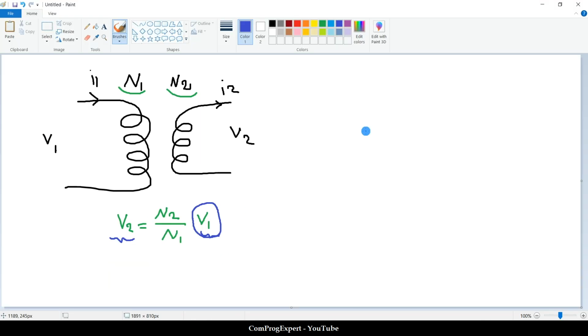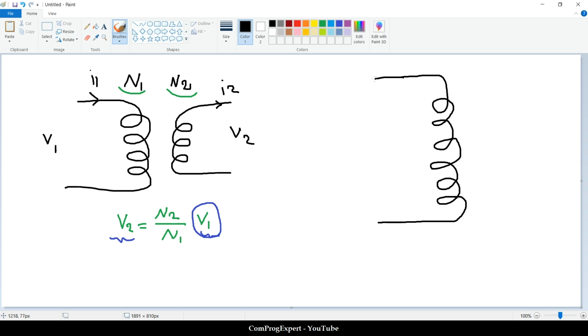Here we have one coil, and this is the input voltage V in. This is a fixed number. This is the input current, and we get the output voltage from this point up to this point.